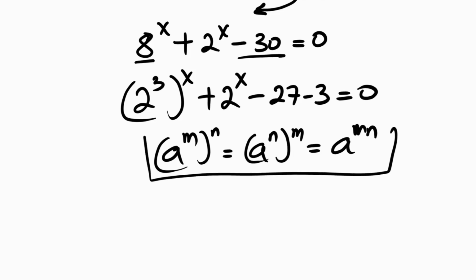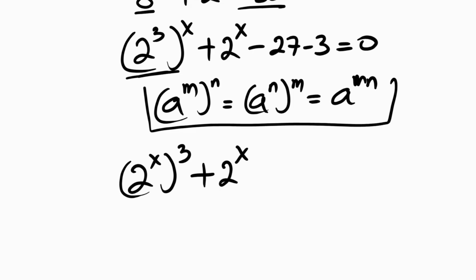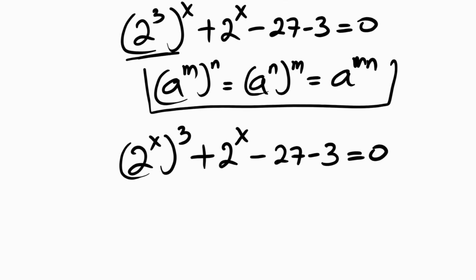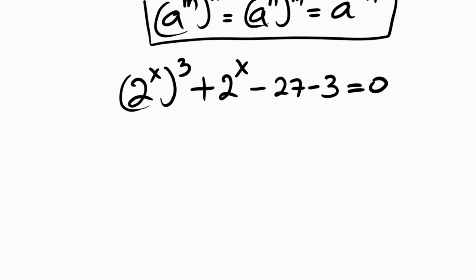Okay, so now let's rewrite this. So we have 2 raised to the power x, cubed, plus 2 raised to the power x, minus 27 minus 3 equals 0. Now let us represent 2 raised to the power x as t.